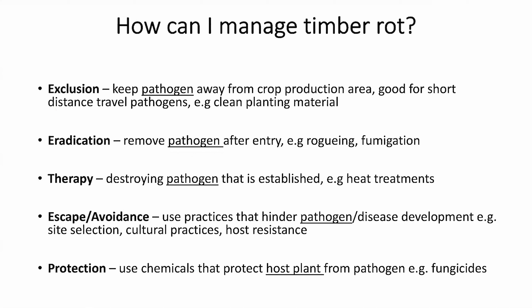Thirdly, therapy, practices that will destroy a pathogen that's established, such as a heat treatment. And then fourth, we have practices that are categorized as escape or avoidance. And so these hinder the development of the pathogen or disease. This would include things like selecting a good site, cultural practices, or host resistance. And finally, protection, which refers to the use of chemicals that will protect your host plant from the pathogen.